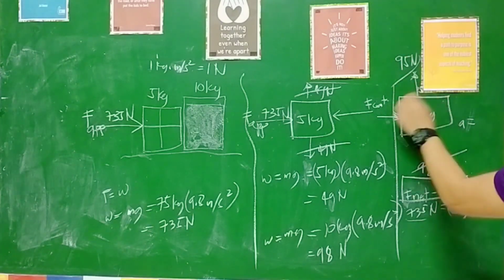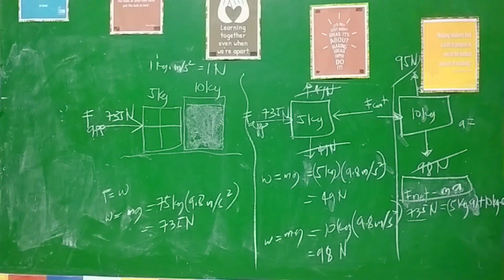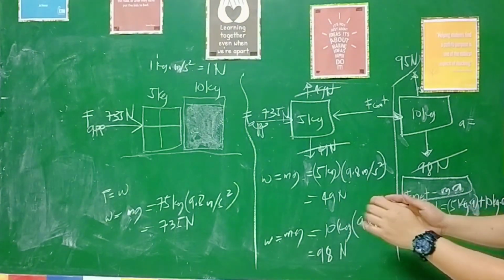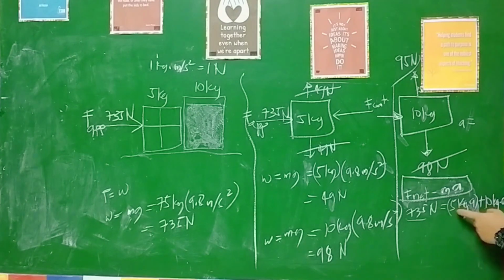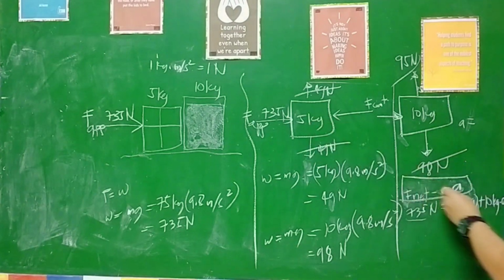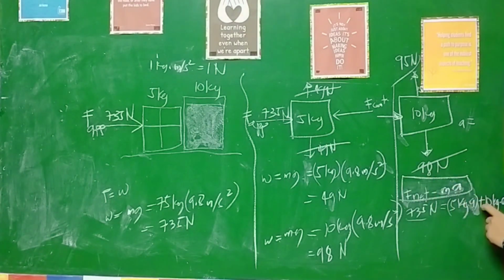So, ang natira na lang is 10 kilograms. And therefore, we will put 10 kilograms here, plus, kasi dalawa din naman sila, diba? Dalawa sila magkasama na itutulak lang si 10 kilograms. So, 5 kilograms times A, plus 10 kilograms times A.